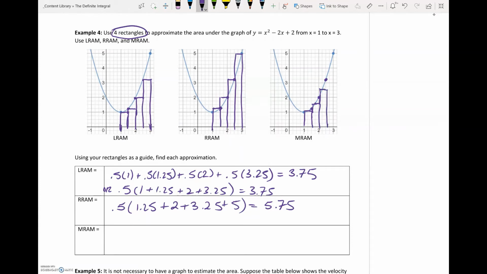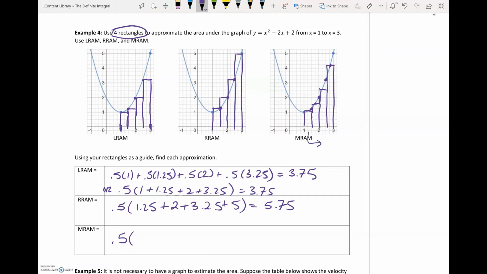And then lastly, the midpoint between these two looks like it's going to be about here. And now in order to get these points, we do need to plug it back into our function to find it. But our width is the same.